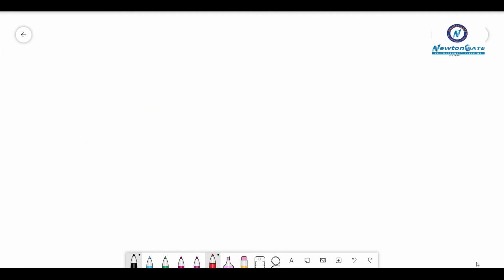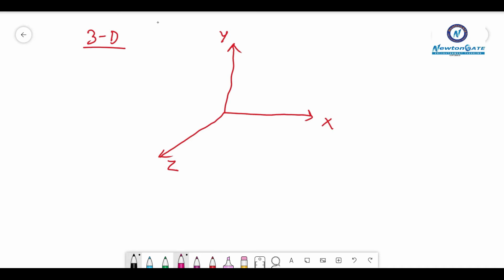Now let us see how we resolve vectors when we have three coordinate axes. If I have a 3D system, then how will I resolve the vectors? My coordinate axes should look somewhat like this. This is the x-axis, this is the y-axis, and this is the z-axis. Now quickly comment below what the direction towards the x-axis will be.